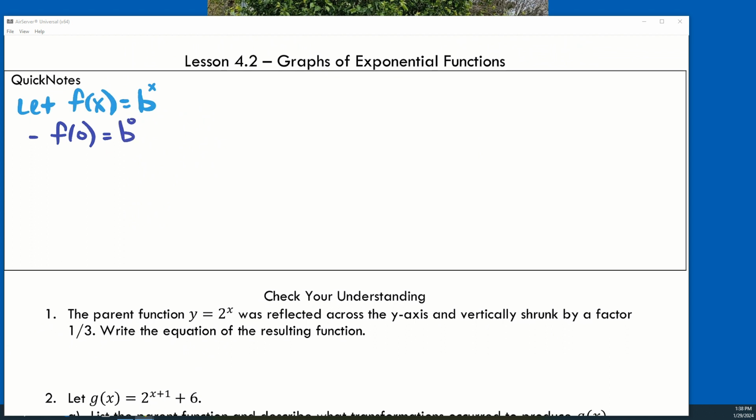B to the 0, which is 1. That's going to be the y-intercept. So regardless if it's exponential growth or exponential decay, as long as there's not any shifting upward or left and right, there's no shifting, then that should be your y-intercept.